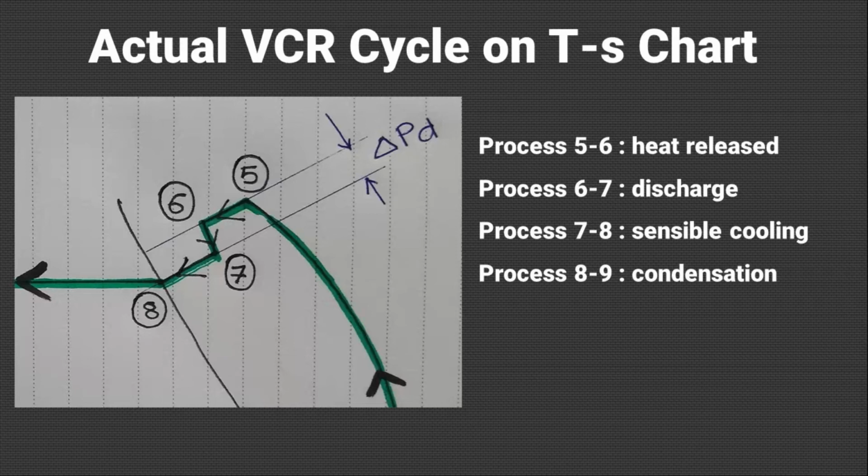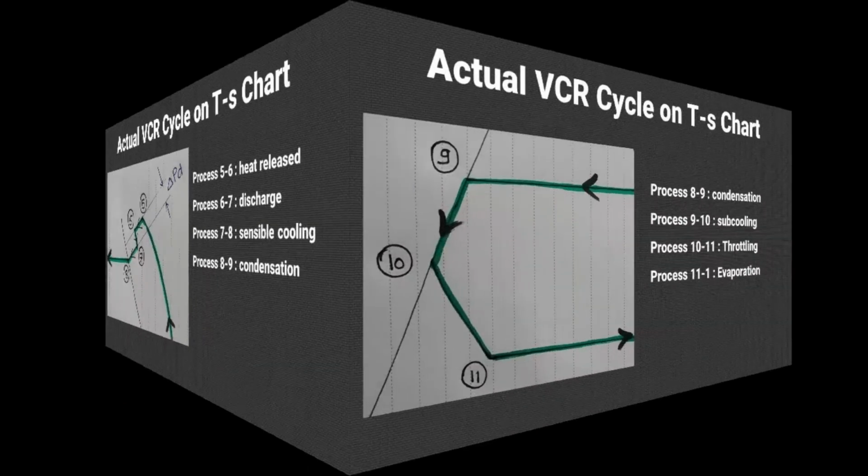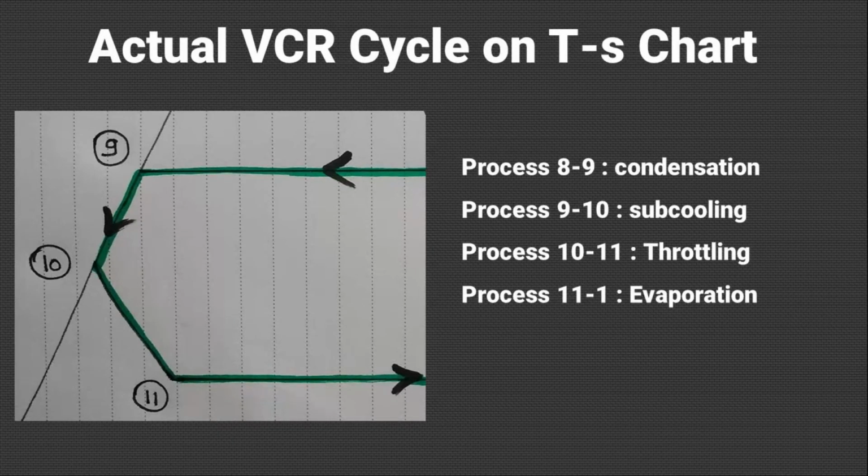Now the process 8 to 9 is condensation. The saturated refrigerant vapors in the condenser now start condensing by further cooling in the condenser. The process occurs at condensation temperature, that is the boiling point of refrigerant at condenser pressure. Now, let us see the subsequent processes.